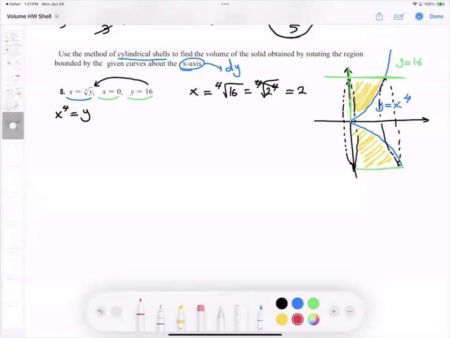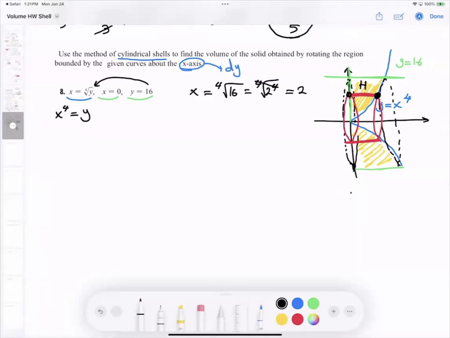So a typical cylindrical shell is like this, right? You have a base now, you have a height now, and you need to deal with those. The height is not that difficult to see. This is your height, right? On top, it is located on this blue curve, and down here, it's located on the green line.